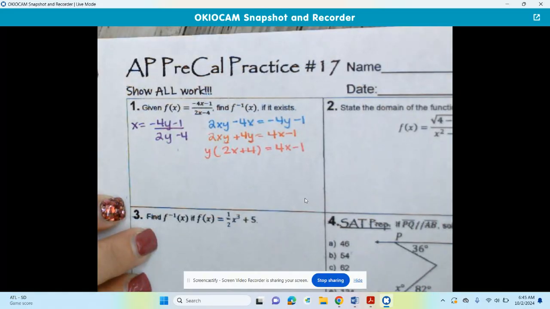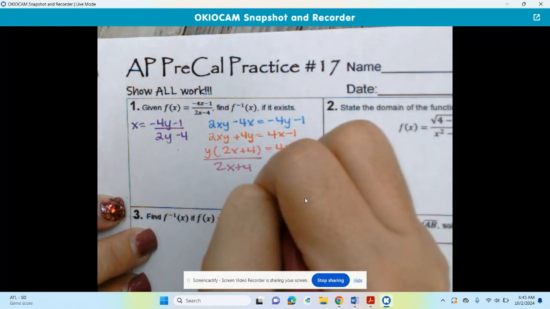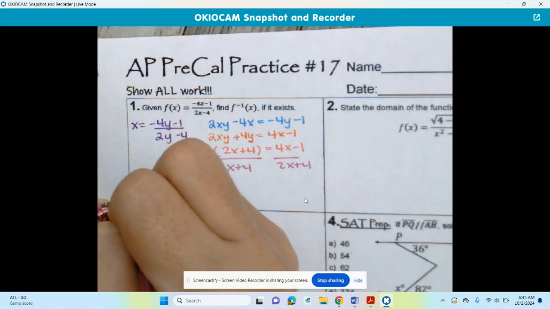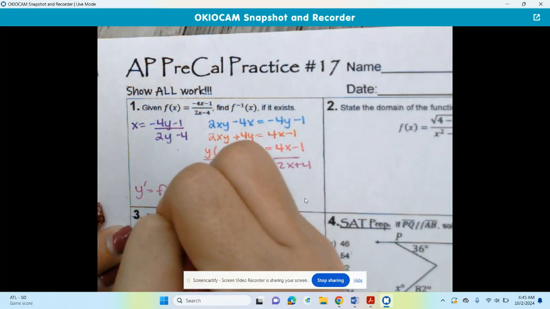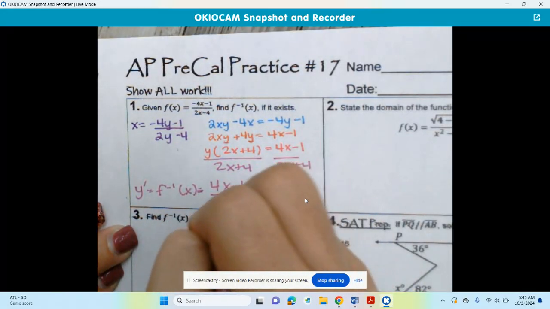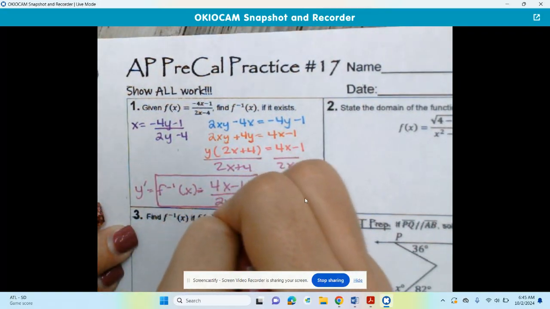Okay, and then the last step will simply be to divide by the 2x plus 4. Okay, so our y, or our y prime, or you could write that as f inverse, is going to be 4x minus 1 over 2x plus 4.